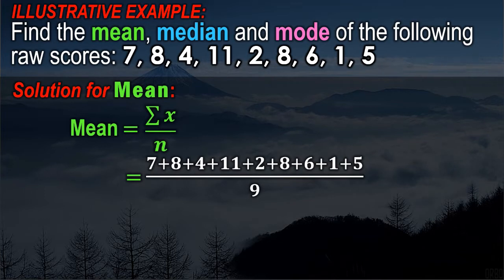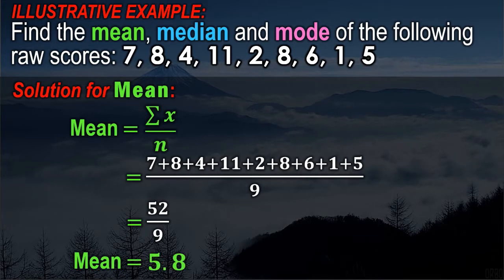So we are going to add all the numbers, which is 7, 8, 4, 11, 2, 8, 6, 1, and 5, and then count the numbers, so n is equal to 9. So the sum of the given values or raw scores is equal to 52, divided by 9. And 52 divided by 9 is equal to 5.8. And that will be our mean.